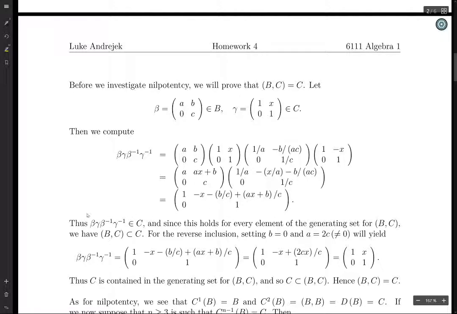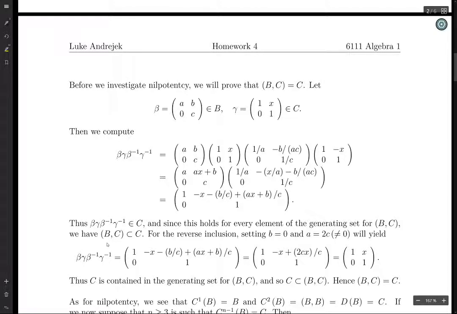You get this, and so this we see is an element of C, because we got the 1, 0, 1, and then just some complex number here. This holds for every element of the generating set, and therefore the commutator of B and C is contained in C.